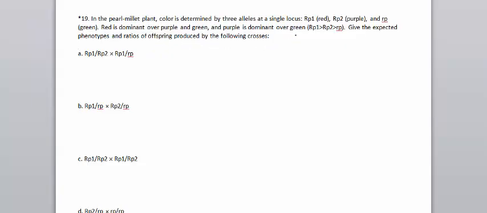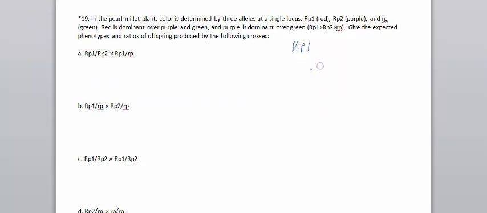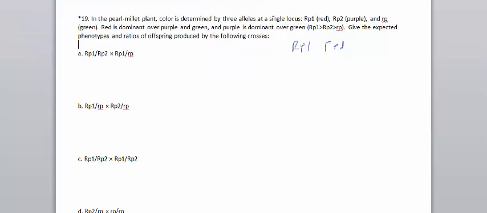Example involving just one gene, this red pearl millet plant, whatever that is. Color is determined by 3 alleles. So RP1 is red, RP2 is purple, and just little rp is green.